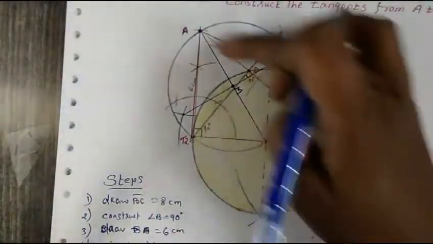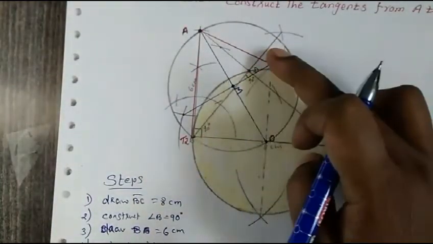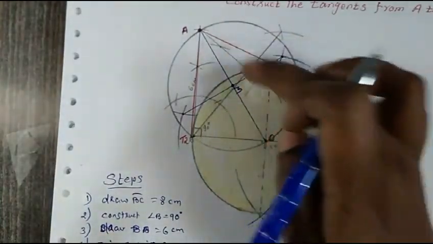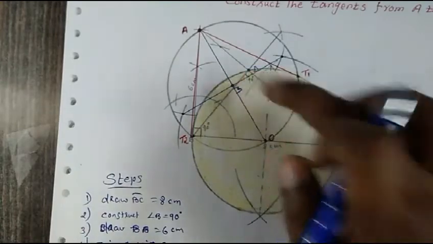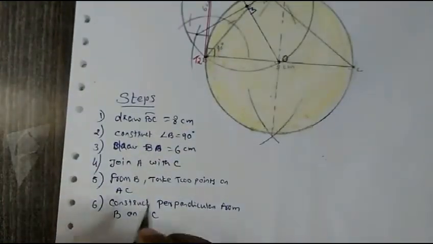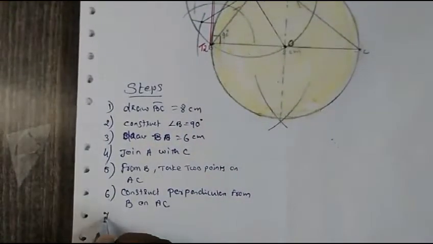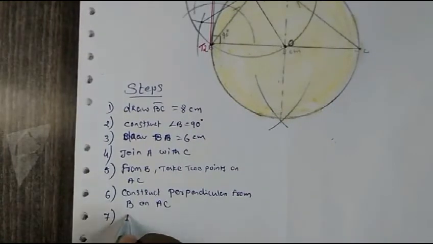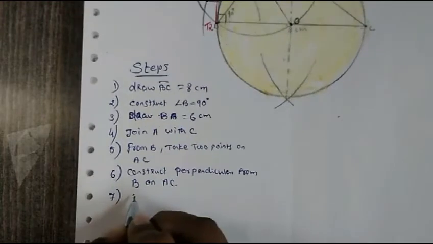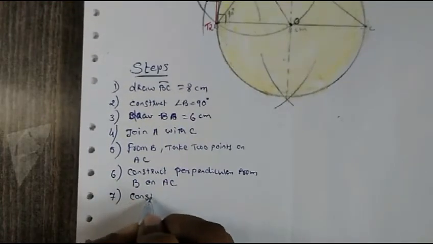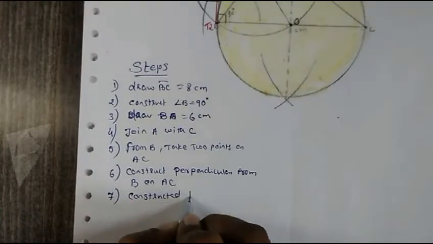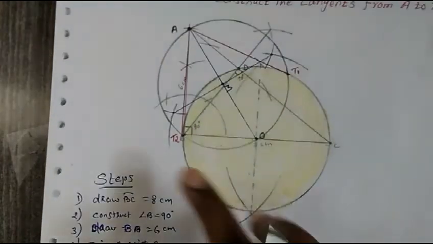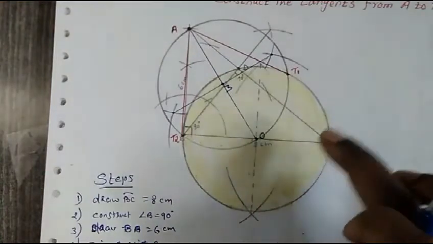That perpendicular where it intersects AC, that point becomes D. So you can see, we constructed BD perpendicular to AC.